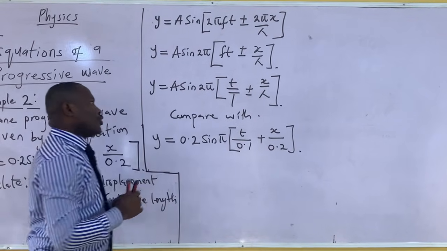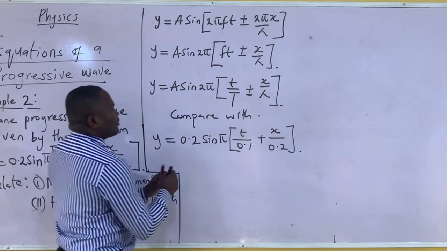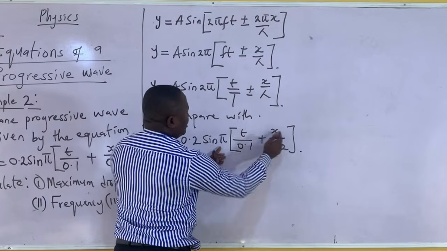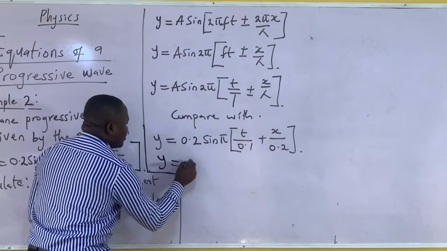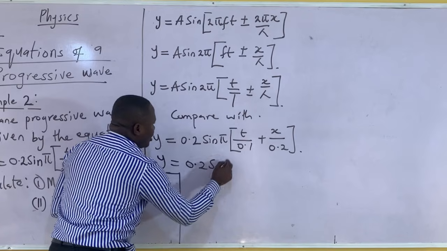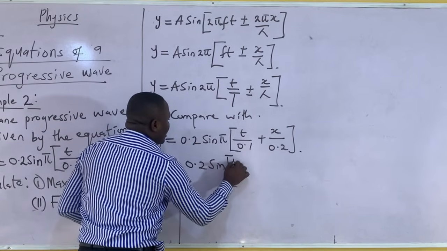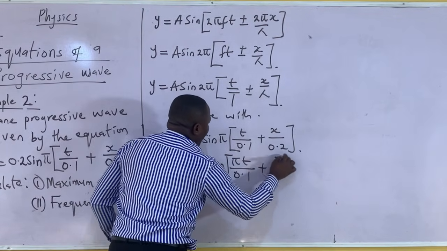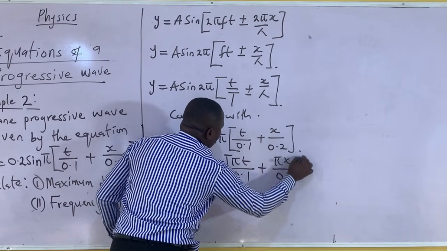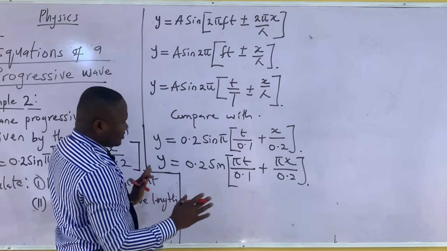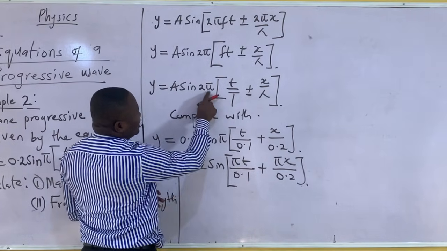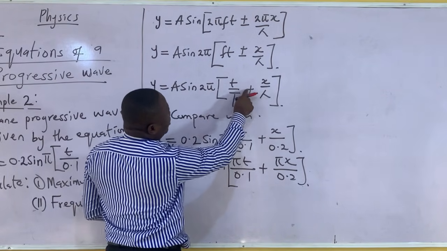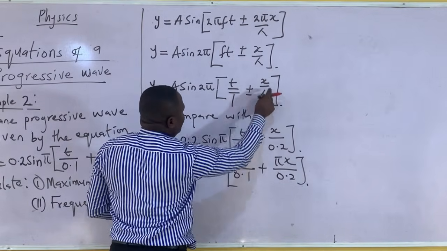Now, if you are to compare, I have to compare everything. The pi here will multiply this and multiply this. So you have y is equal to 0.2 sine open bracket, it becomes pi t over 0.1 plus pi x over 0.2. Just as this 2 pi, we multiply everything here to become 2 pi t plus or minus 2 pi x over lambda.